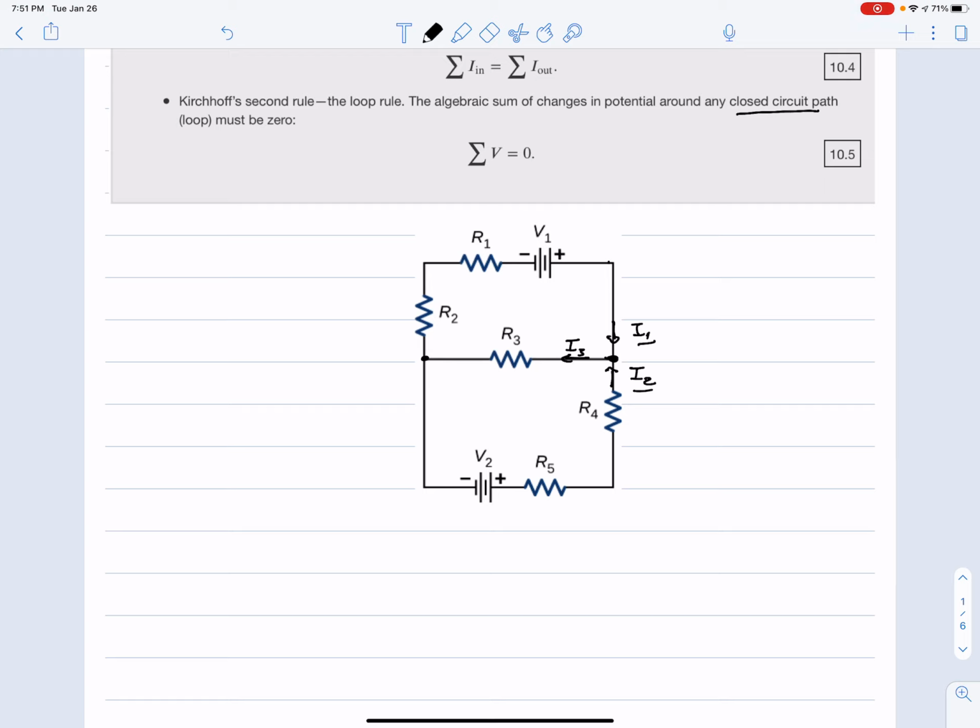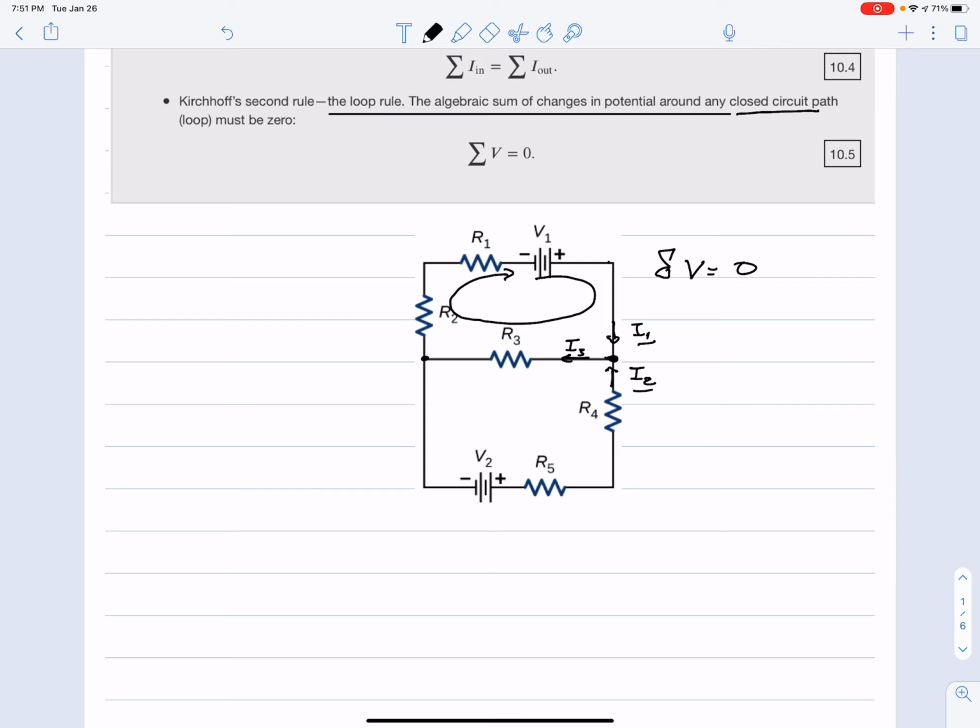I can decide to start from the battery, around, and end up back at the start. I understand that going through the loop rule, after I go through the loop, the sum of the change in electric potential should be 0.